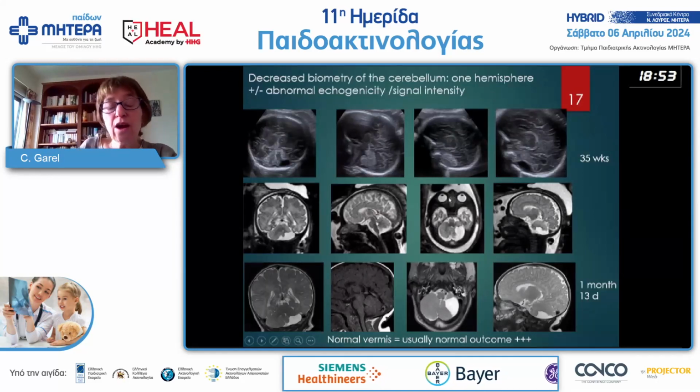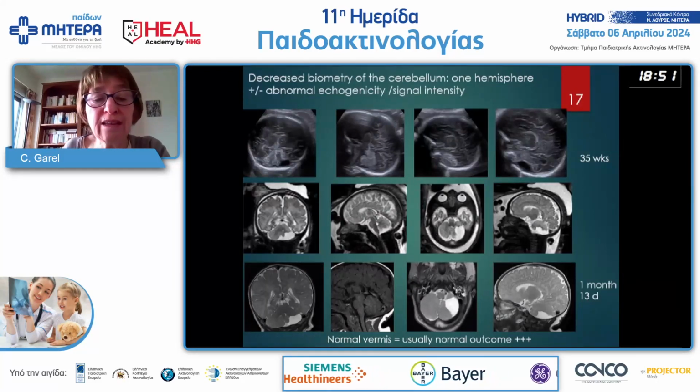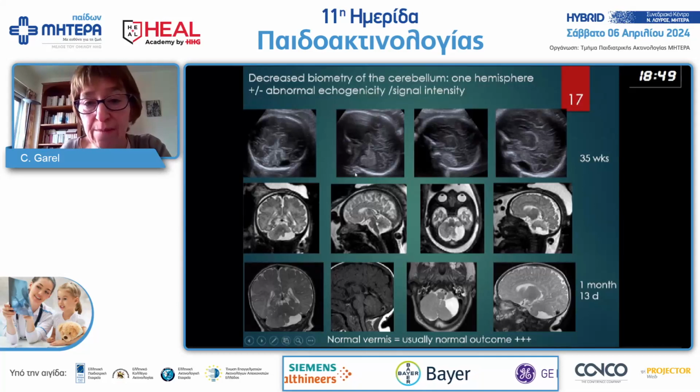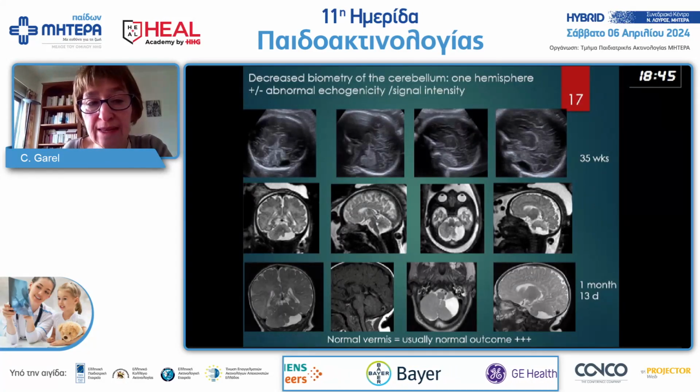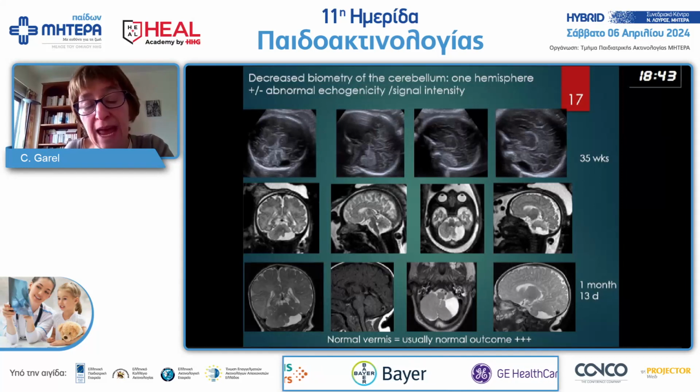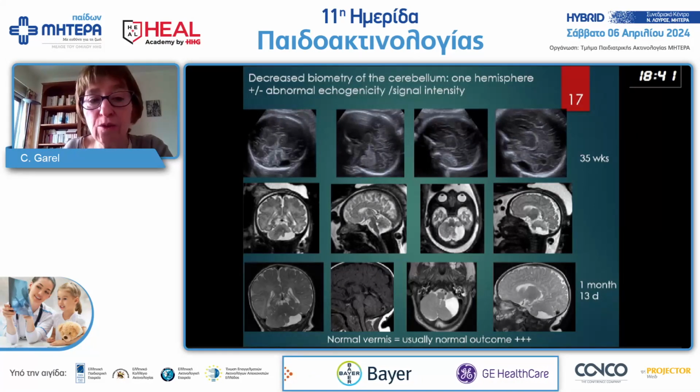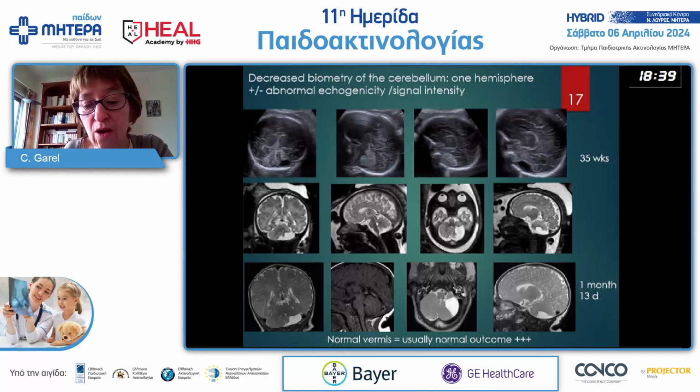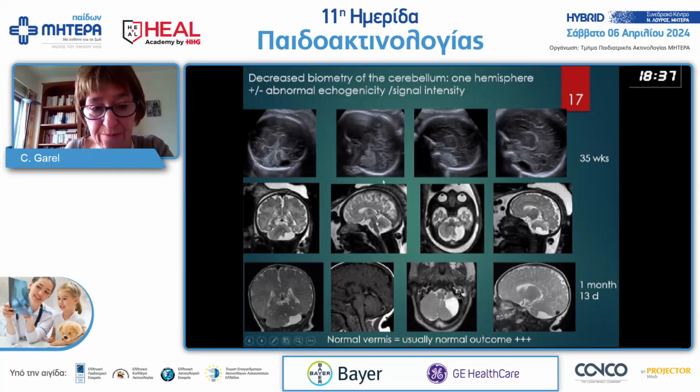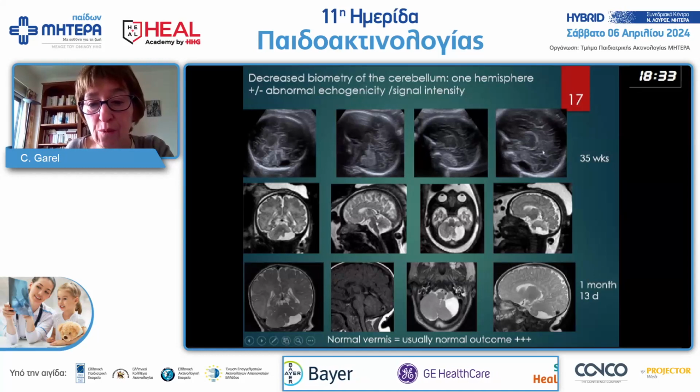Now we will talk about decreased biometry of the cerebellum. One hemisphere is decreased in size and may display abnormal echogenicity or signal intensity. Here you can see the same child before birth on ultrasound, MRI, and after birth.